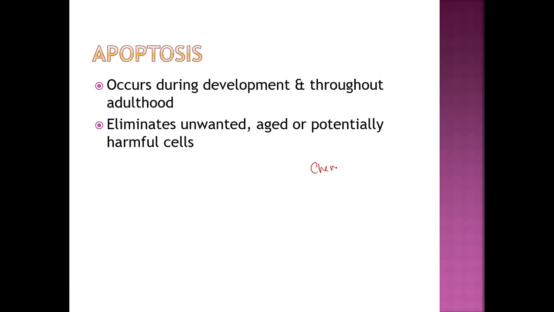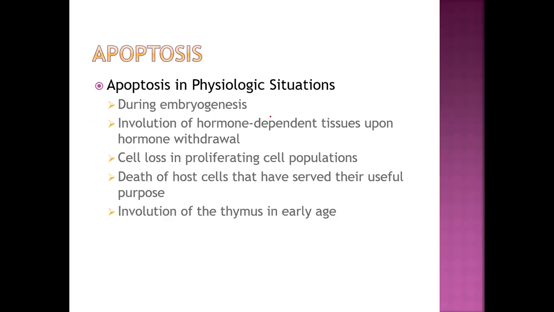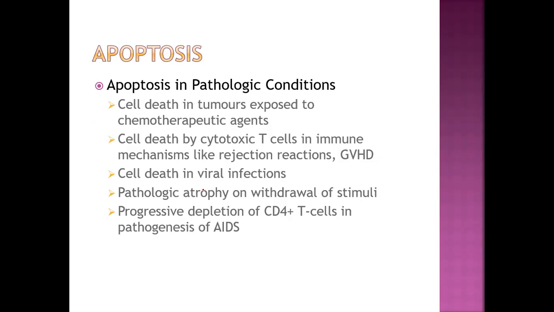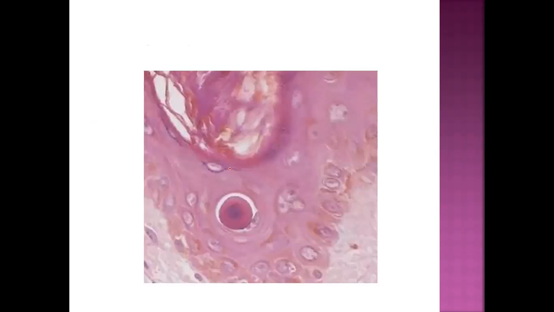In chemotherapy or radiotherapy, both necrosis and apoptosis occur. Another example is Councilman bodies seen in viral hepatitis, an example of apoptotic bodies. The same occurs during embryogenesis, cell death in a proliferating cell population, involution of the thymus in early stage, and death of cells that have served their useful purpose. Pathological, I have already talked about the cell death of cytotoxic T cells. So this is an example of apoptosis.